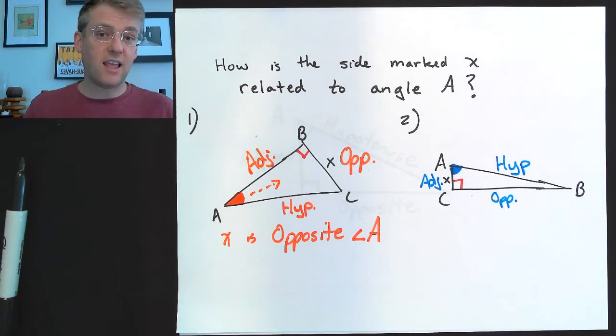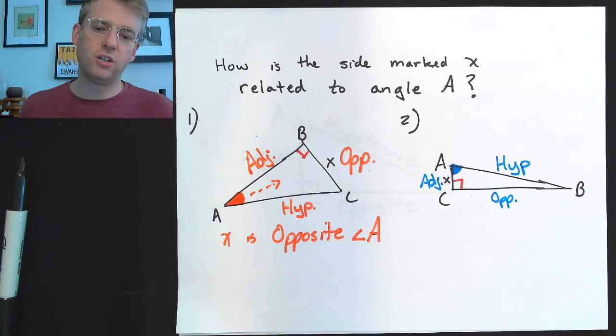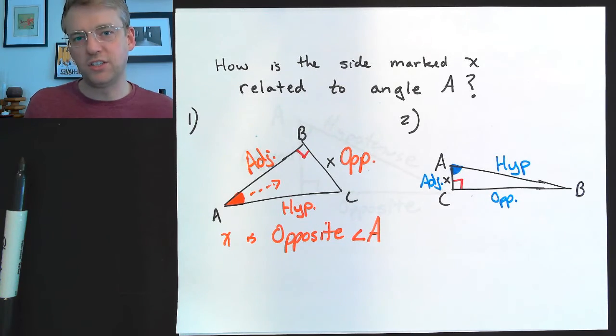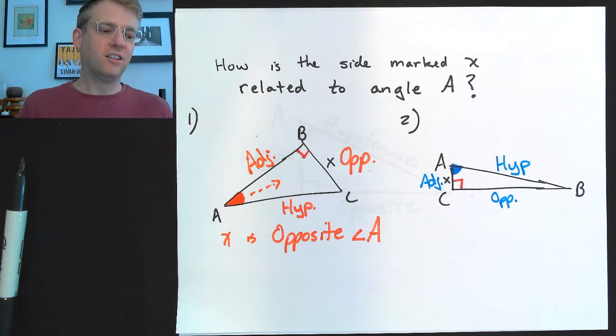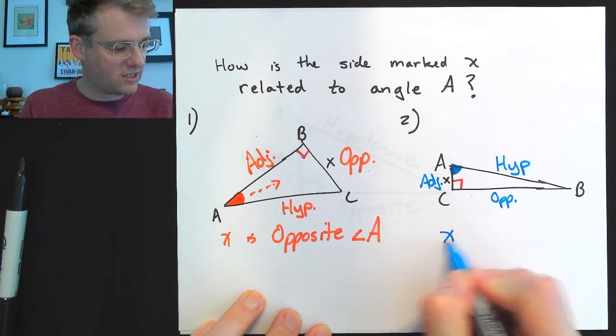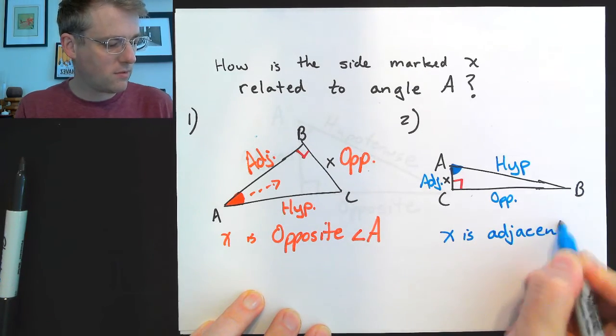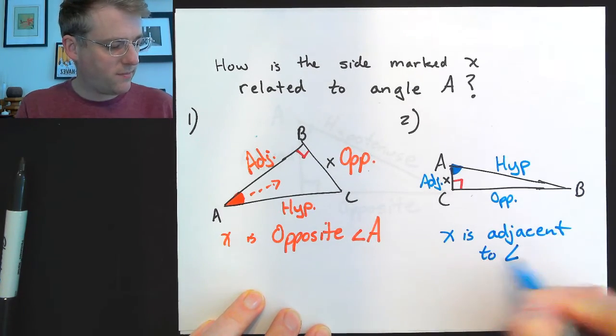It's obviously not the hypotenuse, and it does form angle A at that vertex, so maybe you don't need to label all three in order to label adjacent, but I think it's a good idea to label all three of them, and then as you're asked questions about it, to go back and consider which sides we're supposed to think about. But more on that as we go forward. The answer to this example 2 would just be that X is adjacent to angle A.